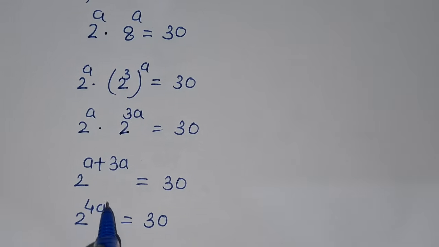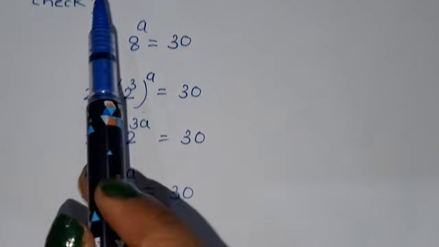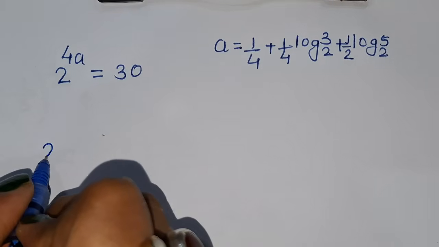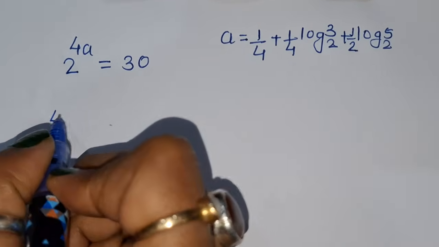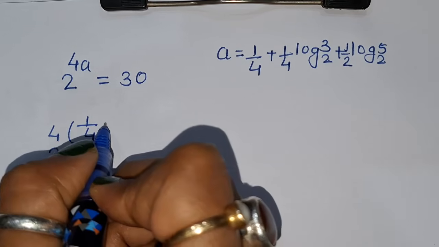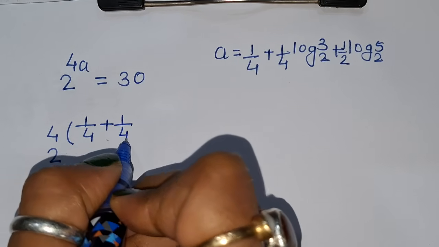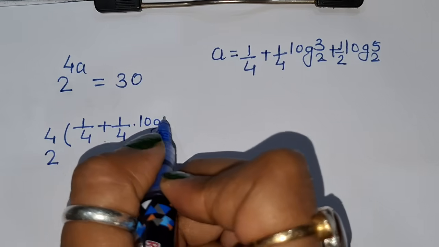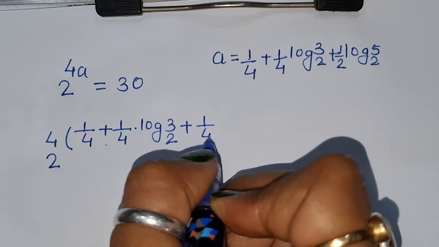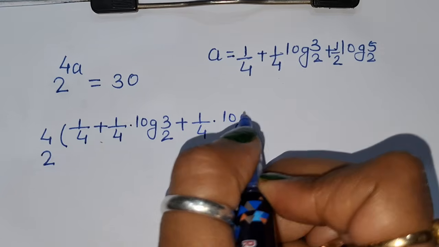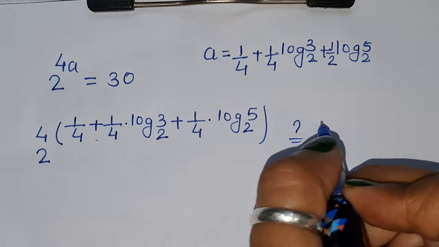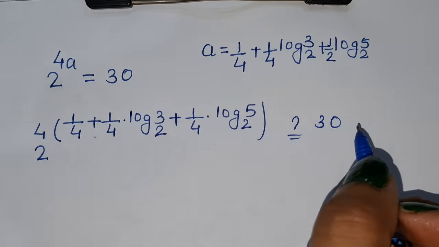Now we have to substitute this value of a in this equation. Now 2 power 4a is 2 power 4 times 1 upon 4 plus 1 upon 4 times log of 3 to the base 2 plus 1 upon 4 times log of 5 to the base 2, question mark 30, because we have to verify this value.